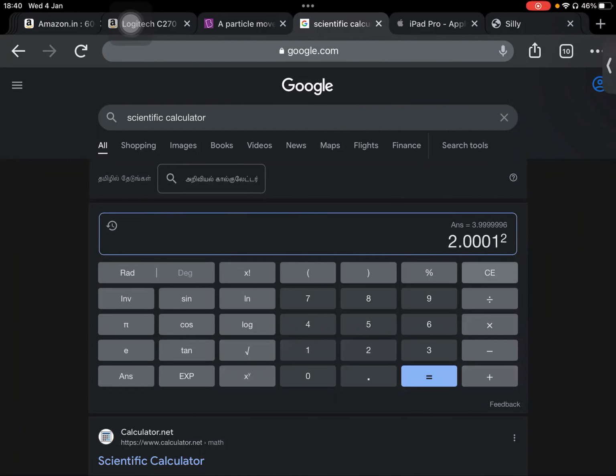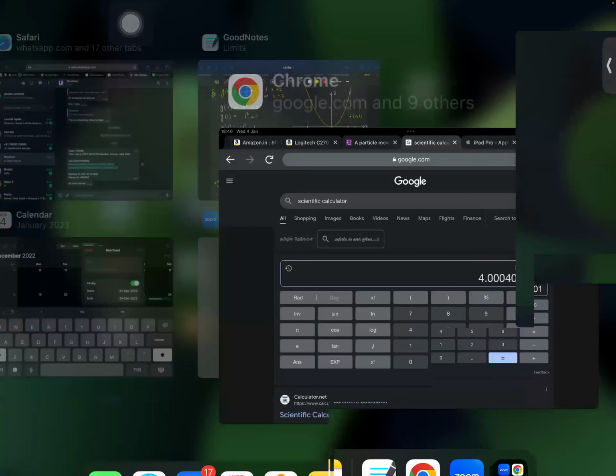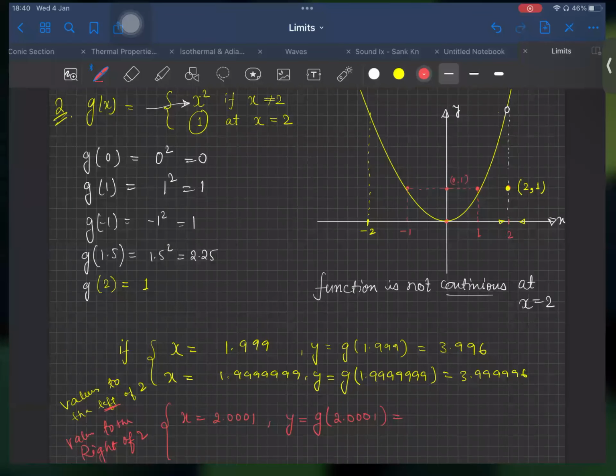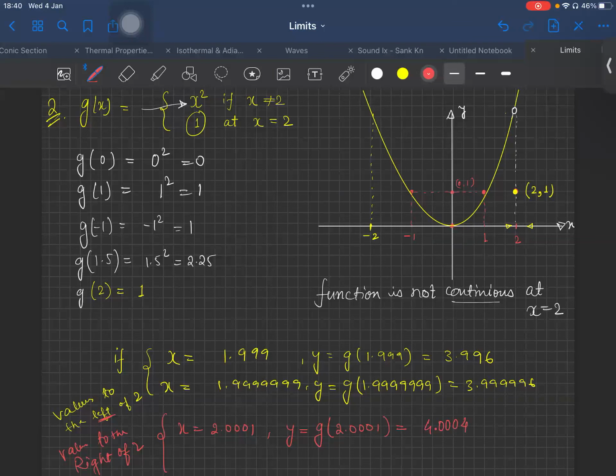How much are we getting? 4.0004 approximately. x is equal to 2.000001. So y at g, x is equal to 2.000001, how much will we get? Let's see.